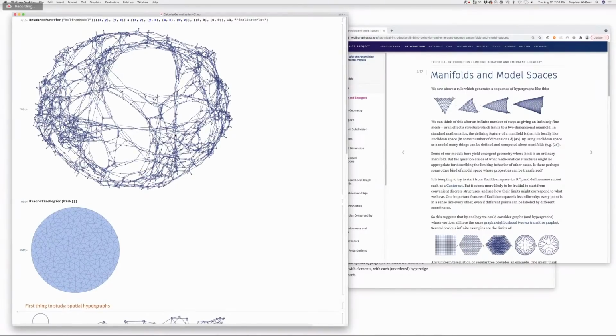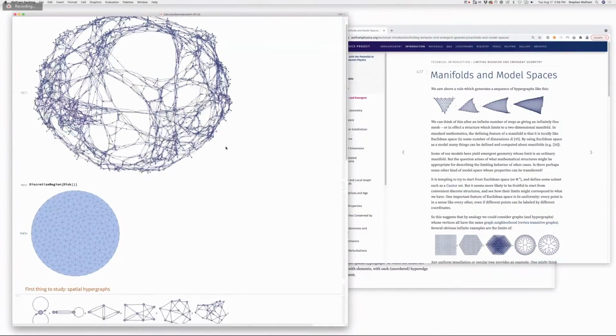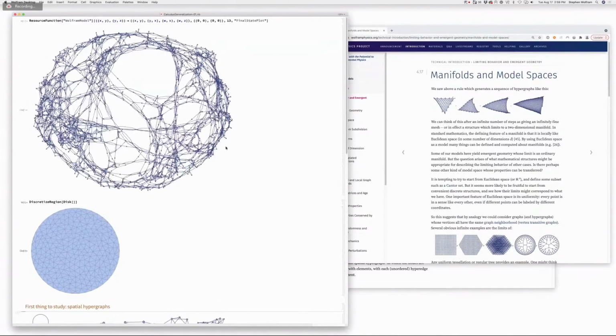Okay, so a limit of this object. Now that object we know has an effective dimension that's not an integer. So there is no manifold, right? Manifolds are locally like Euclidean space. These things are not locally like Euclidean space, right?